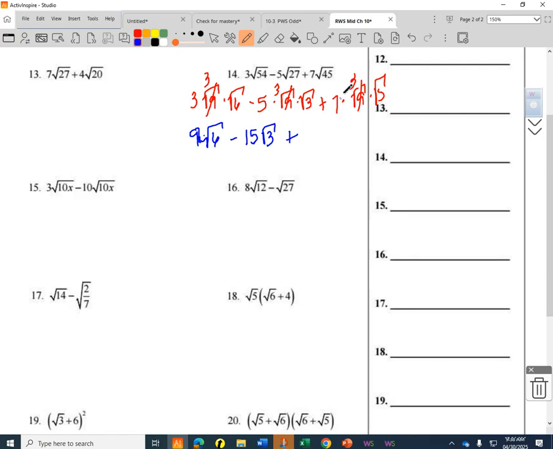Plus 7 times 3 here. 21 square root of 5. Now we check here. 6, 3, 5. None of those can be combined, so our final answer is 9 square root of 6 minus 15 square root of 3 plus 21 square root of 5.